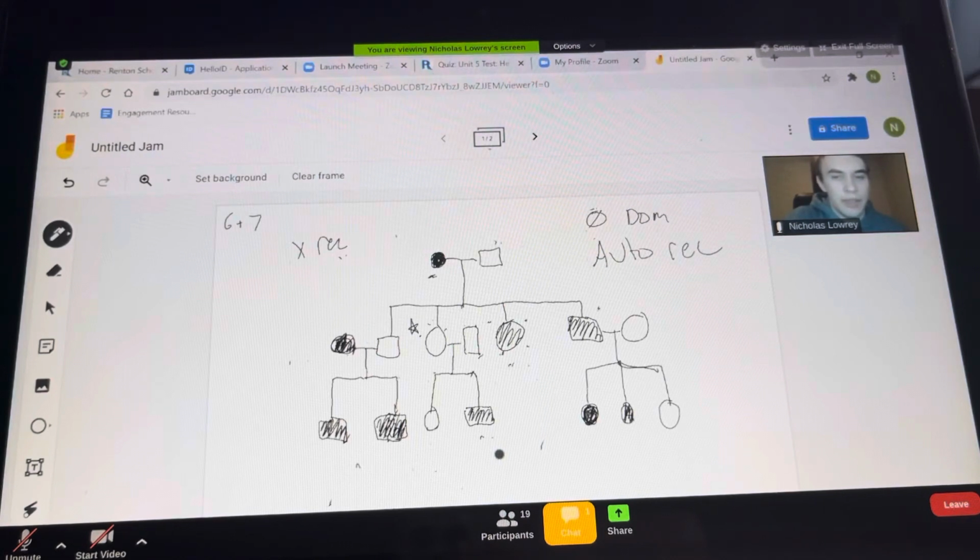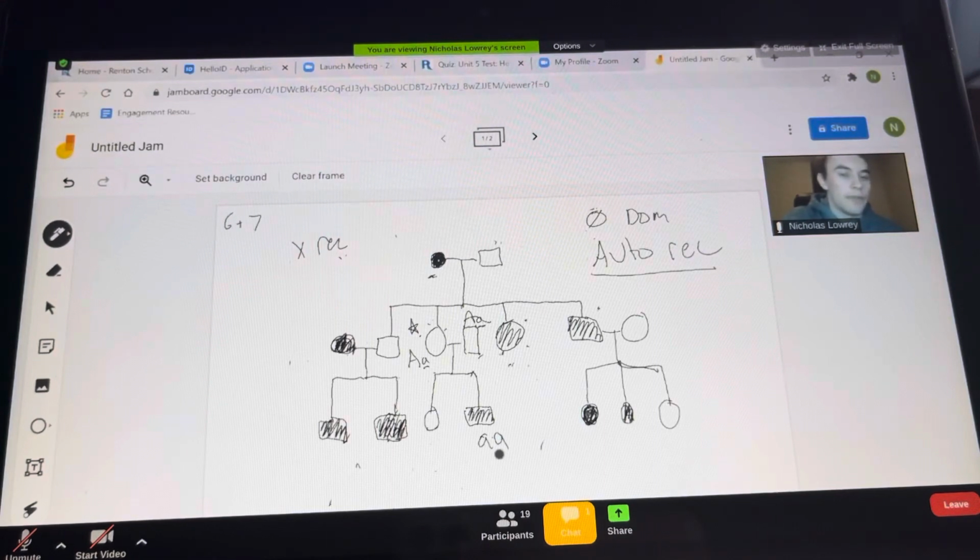So we came to the assumption that it's autosomal recessive, which means that this is going to be A, because it's expressing the trait, and we know that it's recessive, which if we do that, we actually know what the genotype of the parents is, because these parents both have to be heterozygotes, because they don't show the trait, which means they're not double recessive, but they need to both be able to contribute a recessive allele.